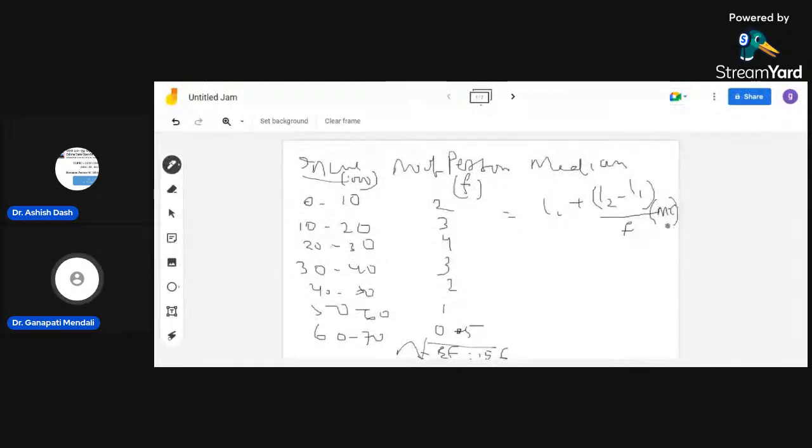What is L1? L1 is the lower limit of the median class.